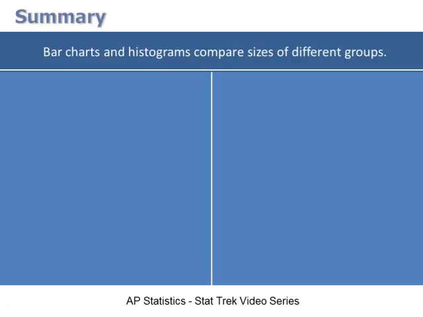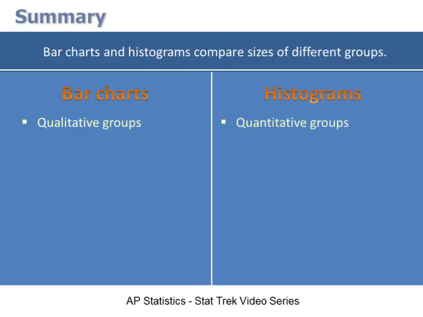Let's review. Bar charts and histograms both use columns to compare the sizes of different groups. Bar charts use a qualitative variable to define groups. Histograms use a quantitative variable.